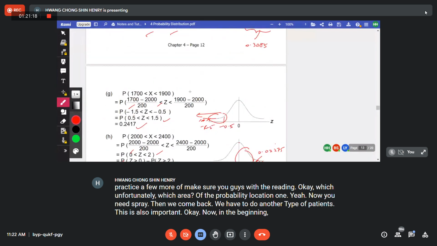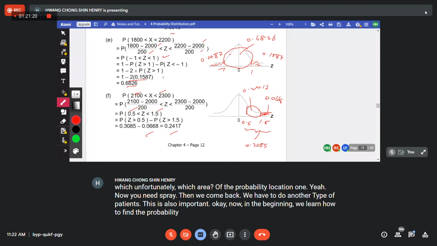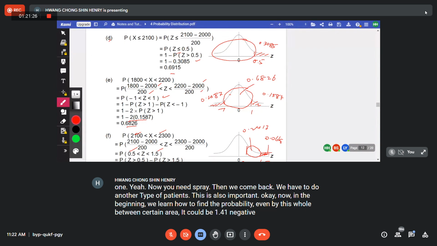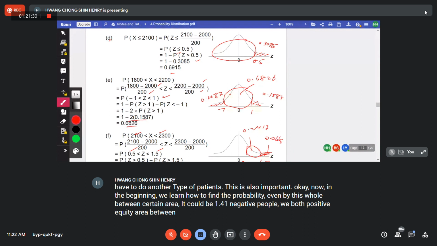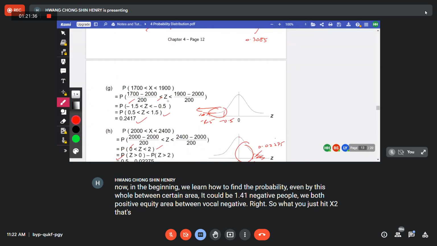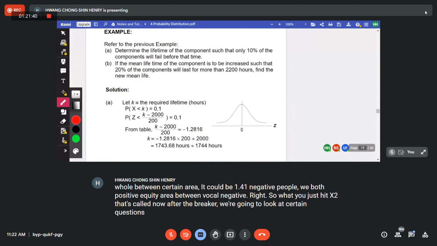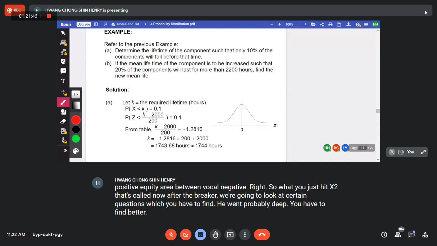Now in the beginning, we learned how to find the probability given the Z-score between a certain area. It could be one positive, one negative. It could be both positive. It could be the area between both negative. Right? So what we do is just change the X to Z-score. Now, after the break, we are going to look at questions where you are given the probability and you have to find back the Z-score.